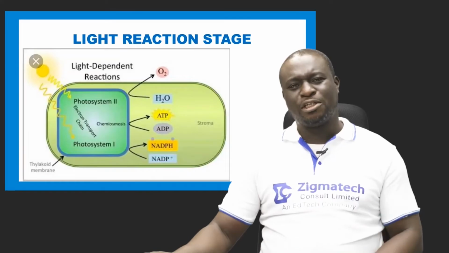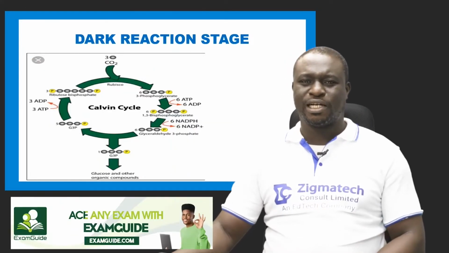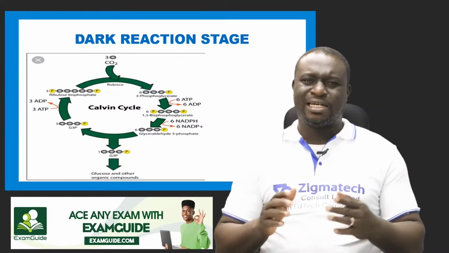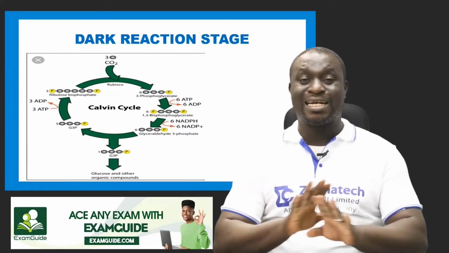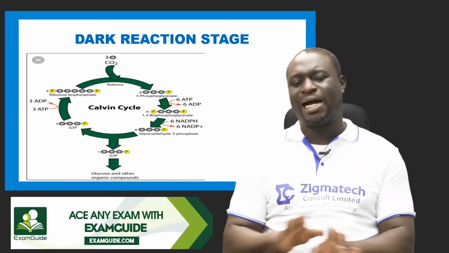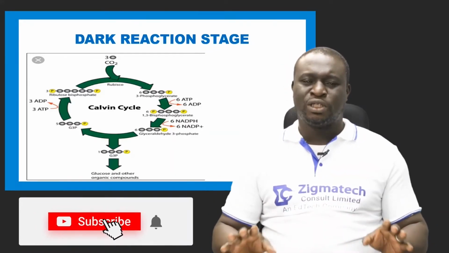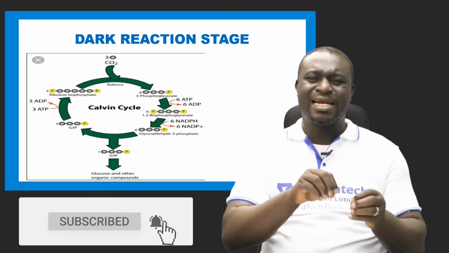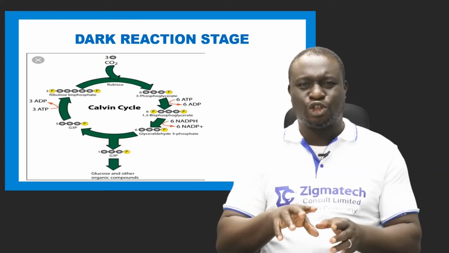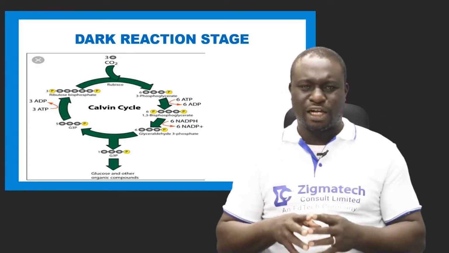Now, the next stage is the dark reaction stage. Now, what happens during the dark reaction stage? In the dark reaction stage, it occurs at night in the absence of sunlight. Now, what happens is that this NADPH and the ATP, which is the energy, move into the dark reaction stage.